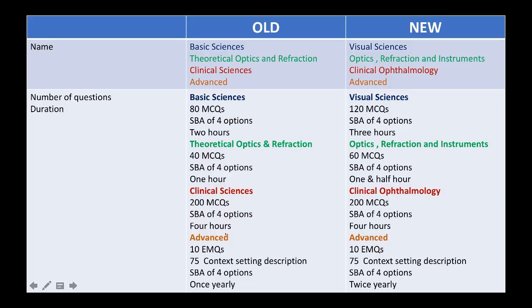The advanced exam hasn't changed in either the name or the structure. It is 10 extended matching questions which contain 75 context-setting descriptions, either graphs or images that you have to describe. It has also single best answer of 4 options, but what has changed is the frequency of the exam, as it used to be once yearly, but now it has become twice a year.